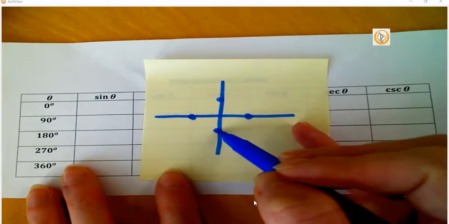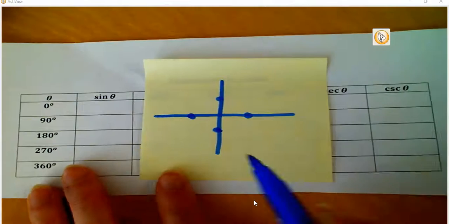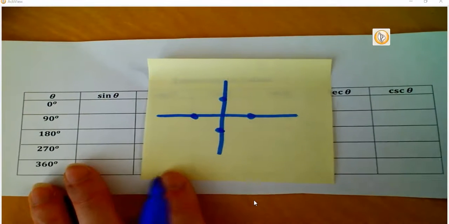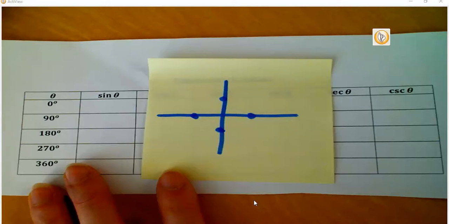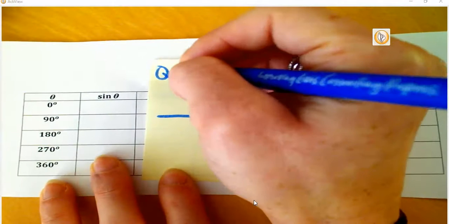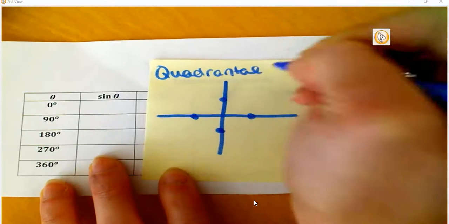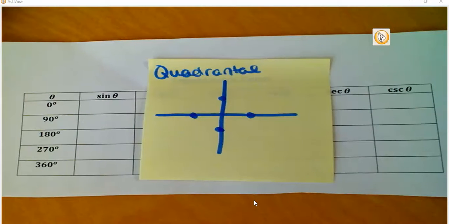Where is that? Back at 0. It's the same thing. They're coterminal. So what was the name for these angles that lie on an axis? Right. These are the quadrantal angles. So we are going to learn the values of the trig functions at these quadrantal angles.